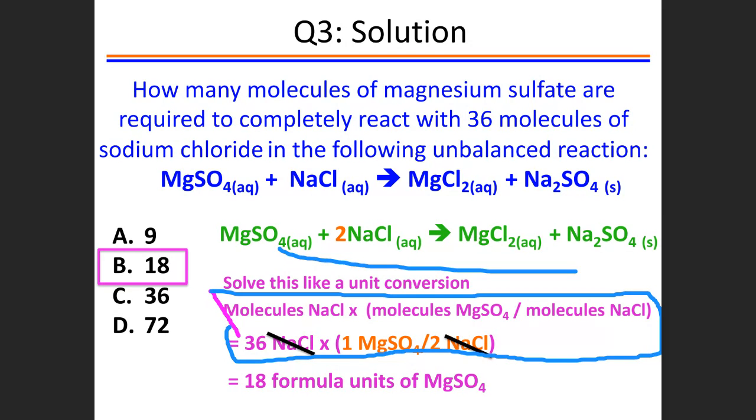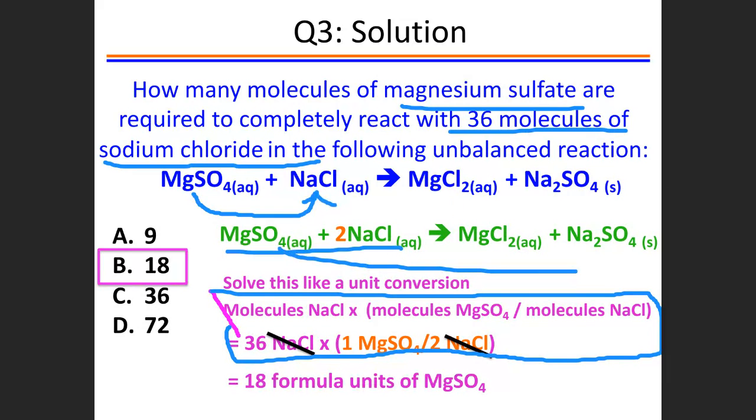So we have 36 molecules of sodium chloride. We have to count the magnesium sulfate. So we need to write the conversion factor ratio between the magnesium sulfate and sodium chloride from the balanced reaction. So that means our job will be like that.